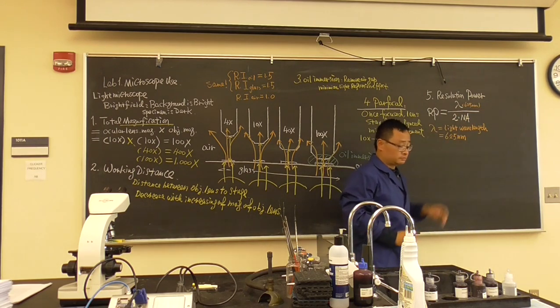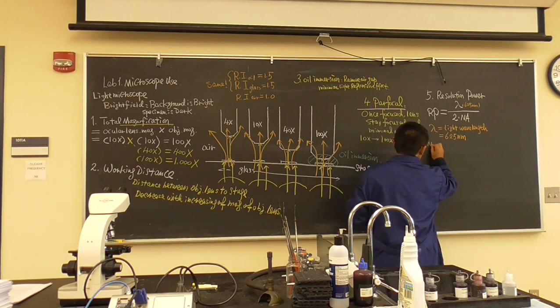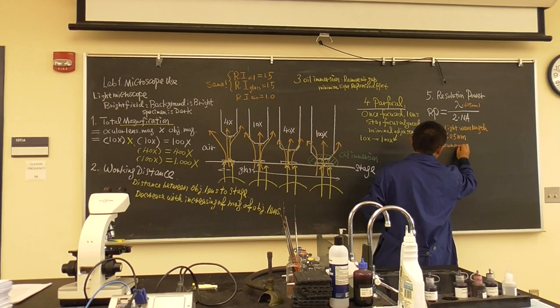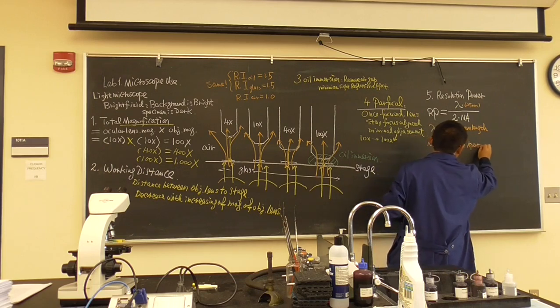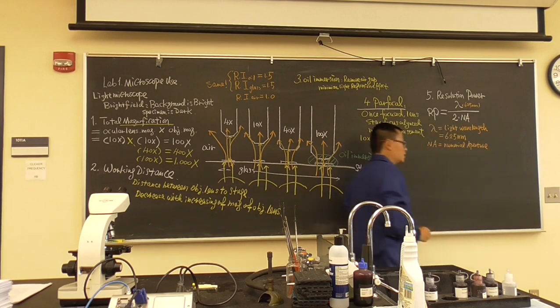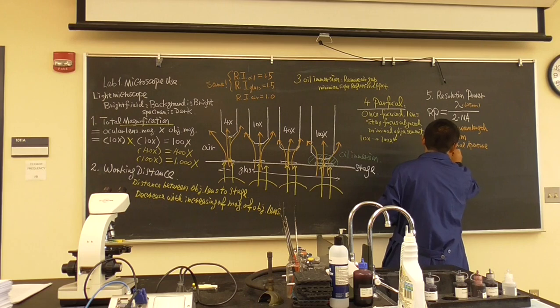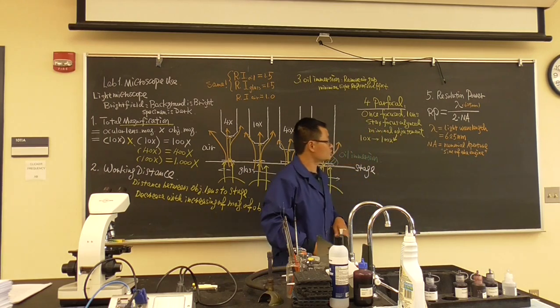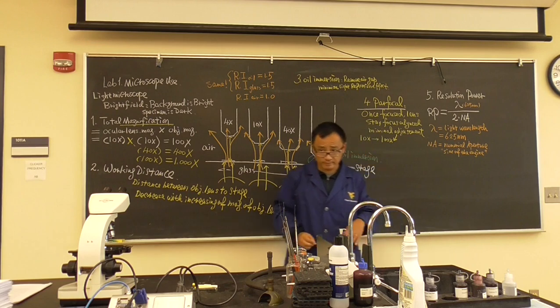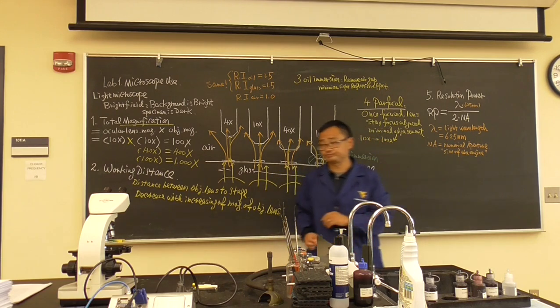What is NA? NA is called numerical aperture. I always say the numerical aperture is like the size of the engine of a car. It is the size of the engine of a microscope. How do we find that number?